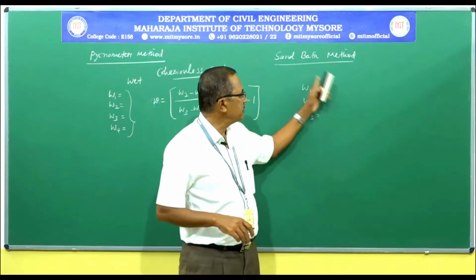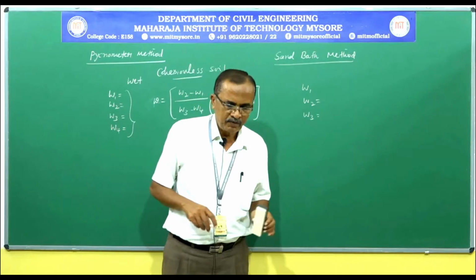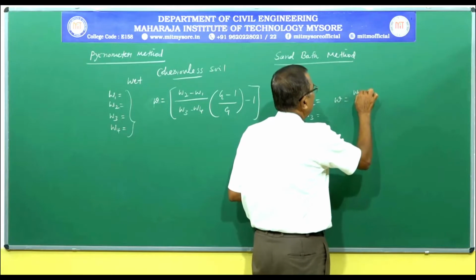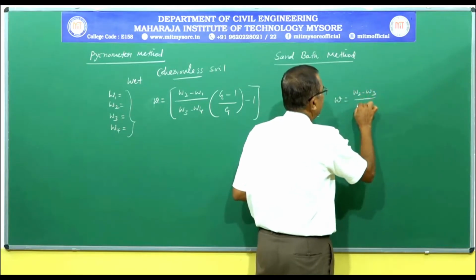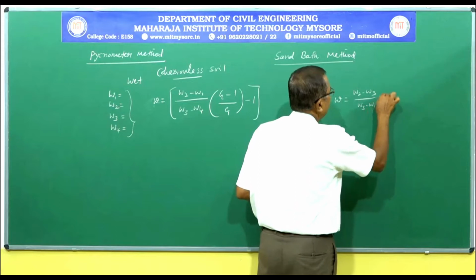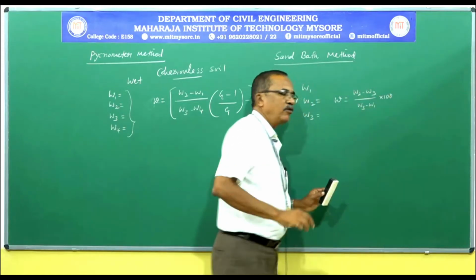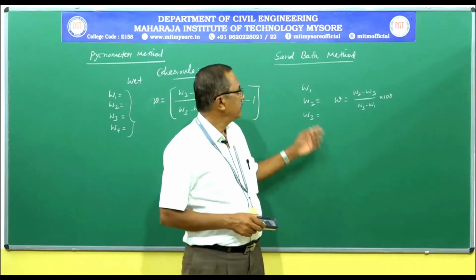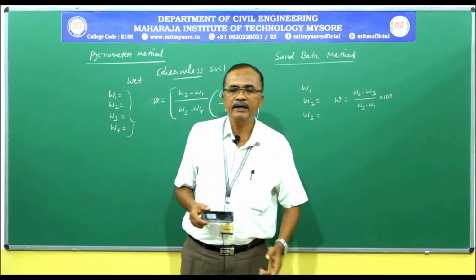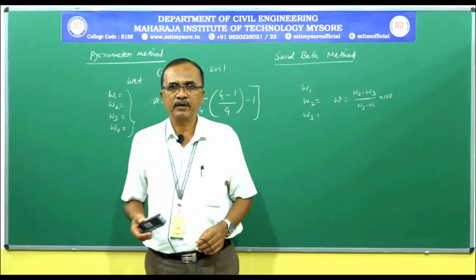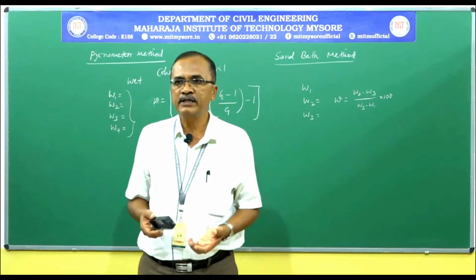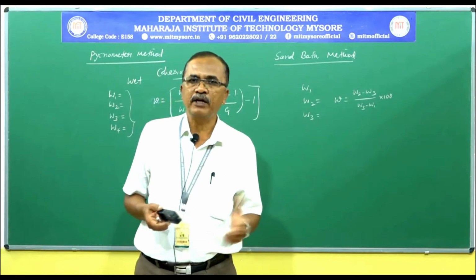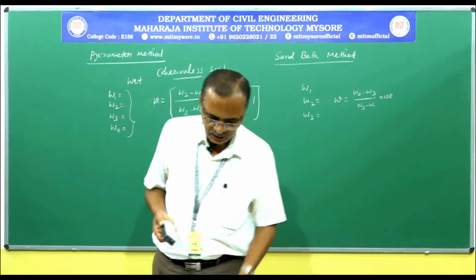So with these three observations we can comfortably calculate the water content by using the relation w equals W2 minus W3 divided by W3 minus W1 multiplied by 100, that is, weight of water divided by weight of dry soil multiplied by 100. Of course, this determination of water content can be made quickly, within a fraction of a minute, as there is regulation in the flame of a kerosene stove or a gas stove. Again it is an approximate method.